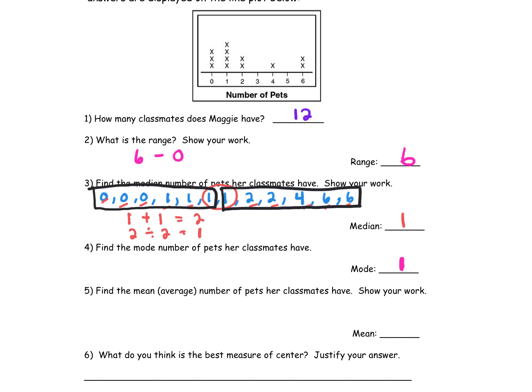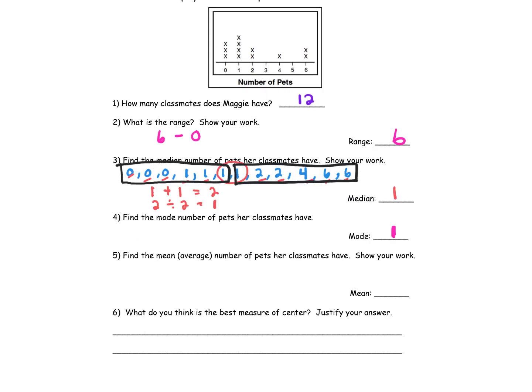And finally, the mean, or the average, means that we're going to add all of the numbers together and divide by how many data items we have. And since the line plot groups these so nicely, a shortcut might be to say, okay, I have 3 zeros. So I'm going to write that as adding 3 zeros, and then we have 4 ones, so 4 times 1 would be 4.